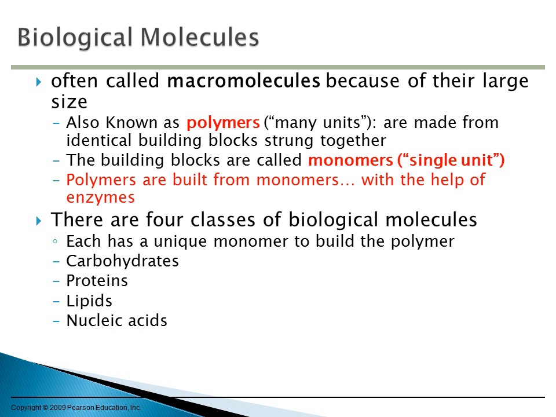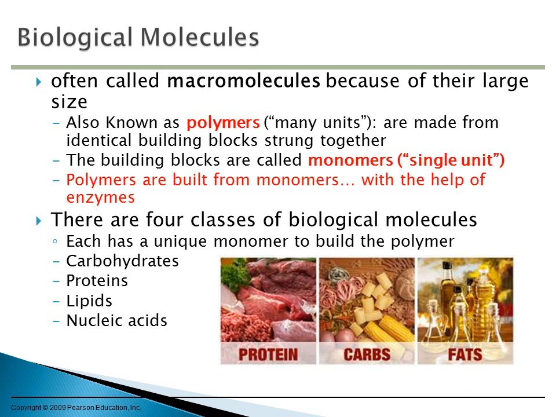Some of these terms you've probably already heard through nutrition, through food: proteins, carbs, fats. These are the macromolecules, the important biological molecules. Where do we obtain the material to make these biological molecules? You get it from the food you eat. So it does kind of mean the same thing as when you hear about it in nutrition and food.